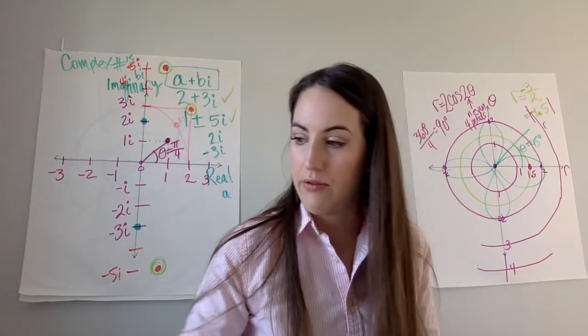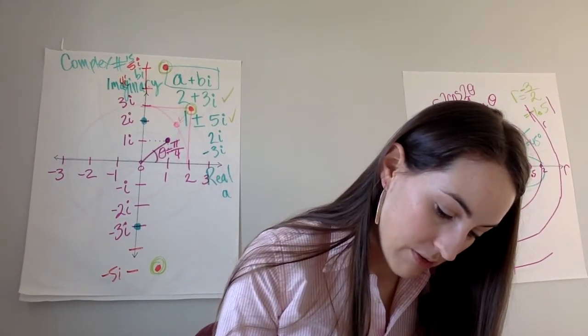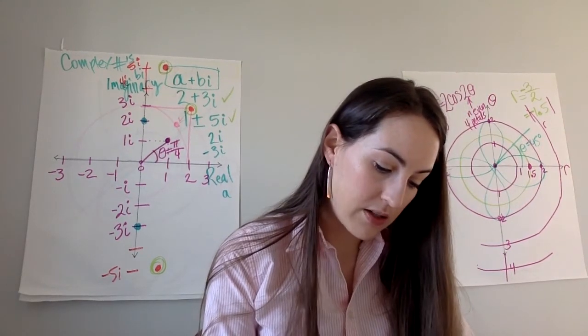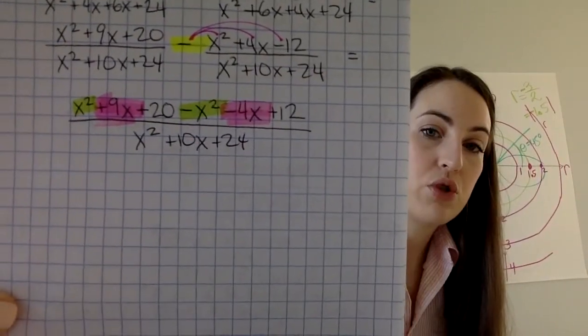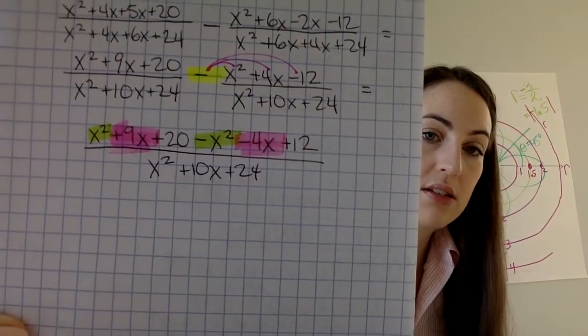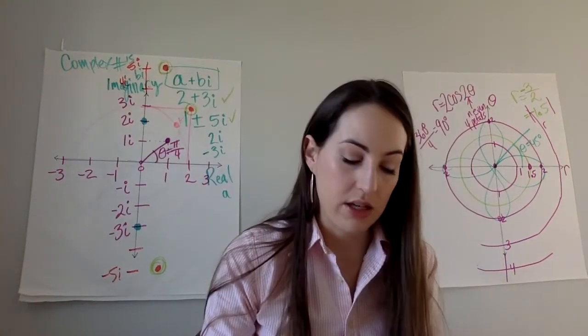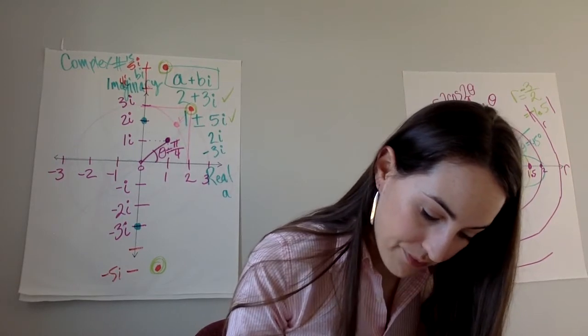And then we have a positive 9x with a minus 4x. So that positive 9x, you're subtracting a 4x, and that is 9 minus 4, so you have 5x. So we can write that. That's the first thing we'll write in our new final answer numerator.